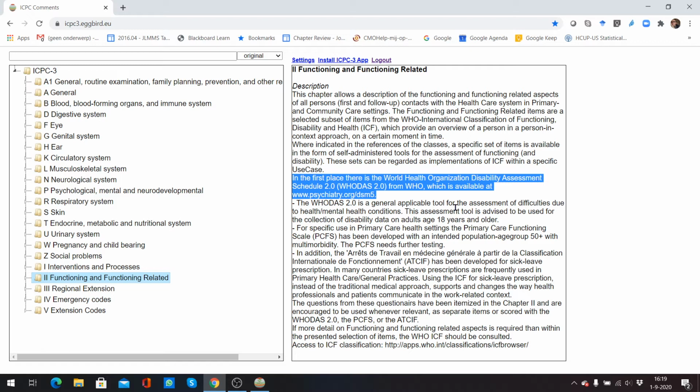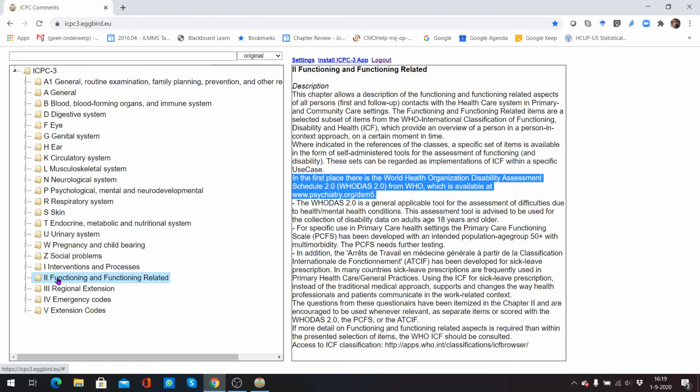This assessment tool is recommended to be used to collect data on the level of functioning of adults aged 18 years and older. The questions from these three questionnaires have been rolled back to the original terms from which they have been derived and are structured into two components as showed in this chapter.